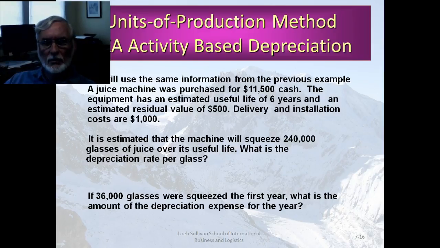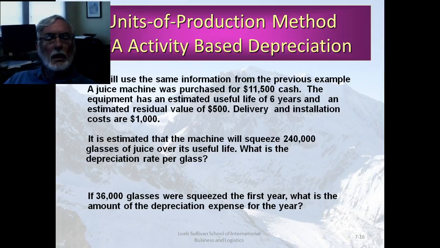Well, that's pretty easy to figure out. You've got a $12,500 asset with a $500 residual value, so a net of 12,000, divided by 240,000, it's going to give you, I believe, 5 cents per glass as the depreciation rate, or the cost allocation rate per glass.